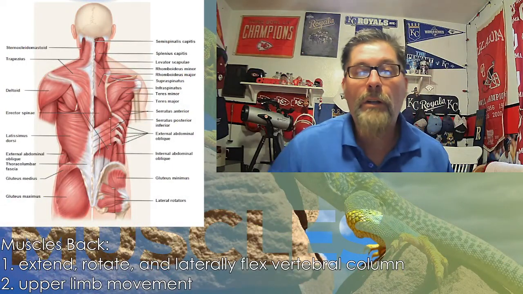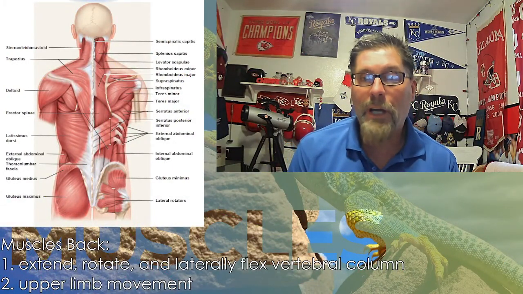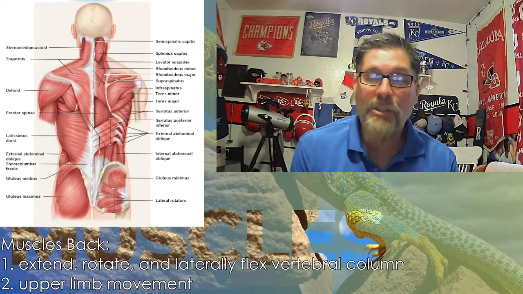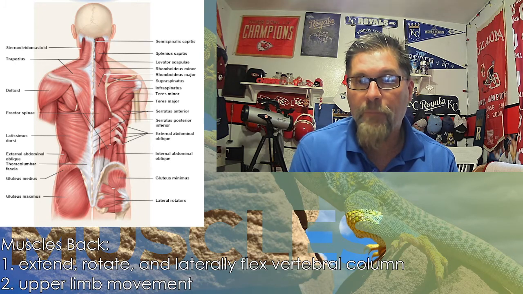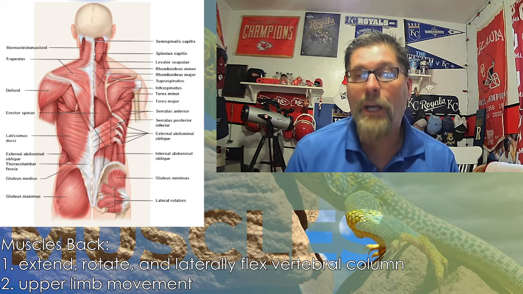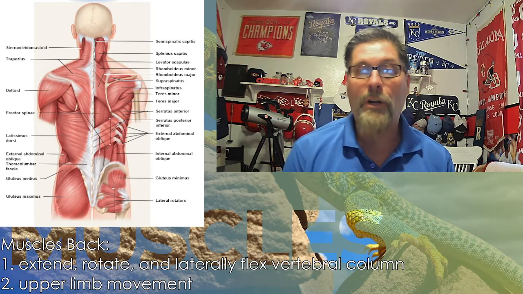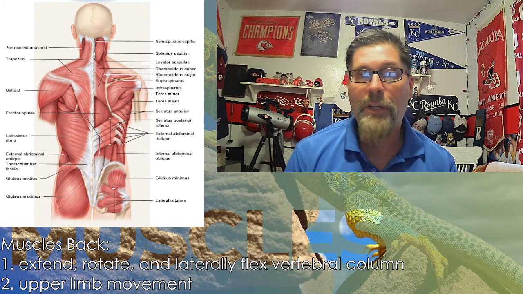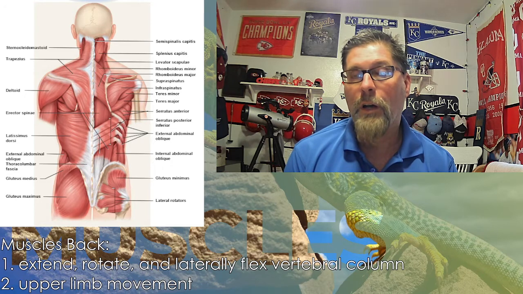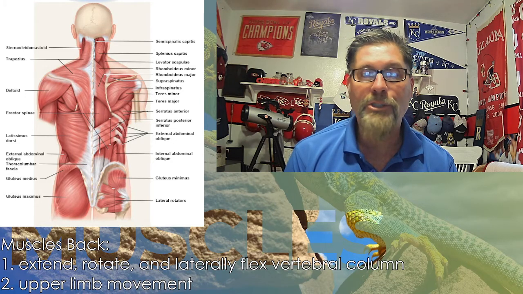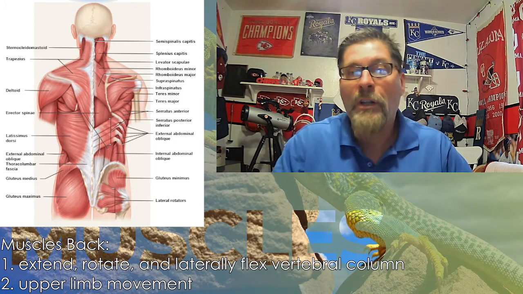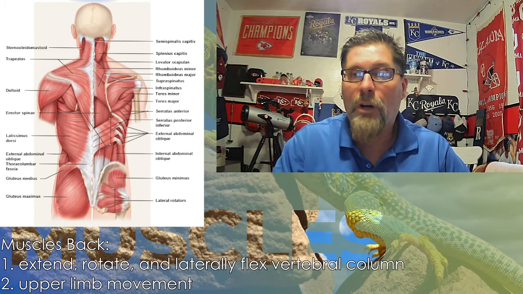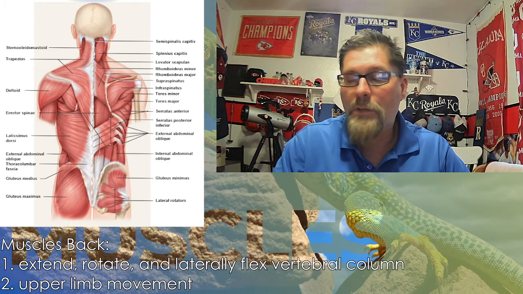Kind of rotating to the back side here. Lots of muscles back there, and we'll get into those individually, both in this format and of course in class looking at models and stuff. But these do a lot. I mean, with lifting, moving, stabilizing the posture, keeping the body upright, all those things associated with a good strong set of back muscles.